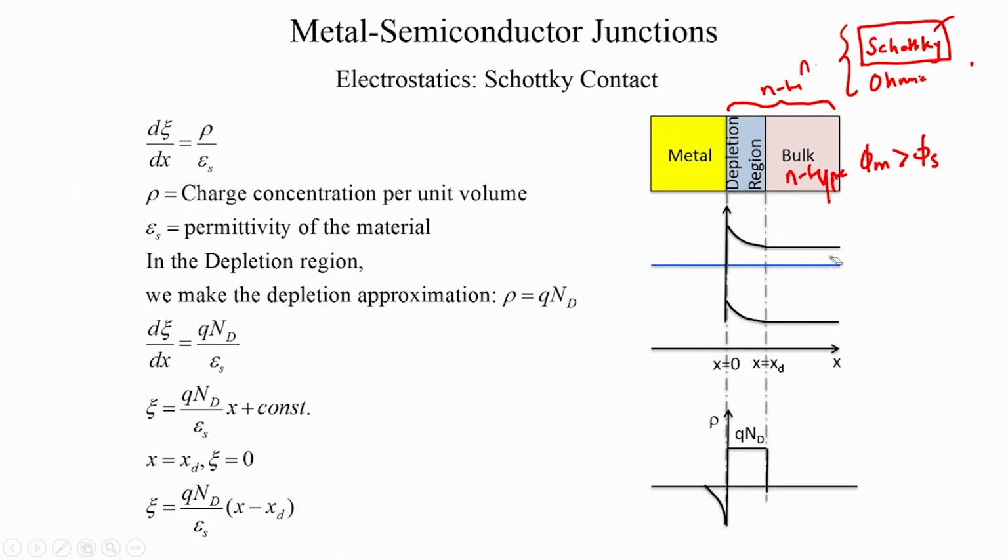So, what we are trying to solve for here is the exact nature of the variation of this bending. How do the energy bands bend in space, what are the electric fields in this region, what is the potential in this region, what is the charge in this region, etc. So, that is the objective of our study, and that is what we mean by the study of electrostatics.